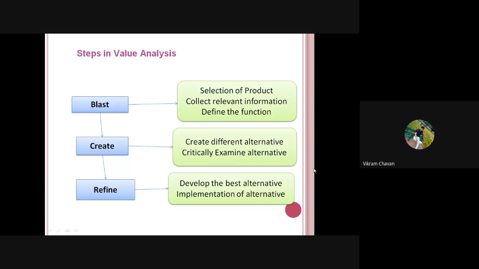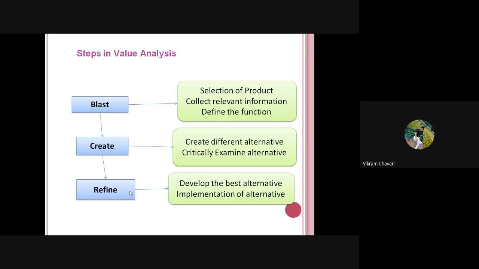Second, critically examine the alternatives. These two steps we need to carry out under the create stage.